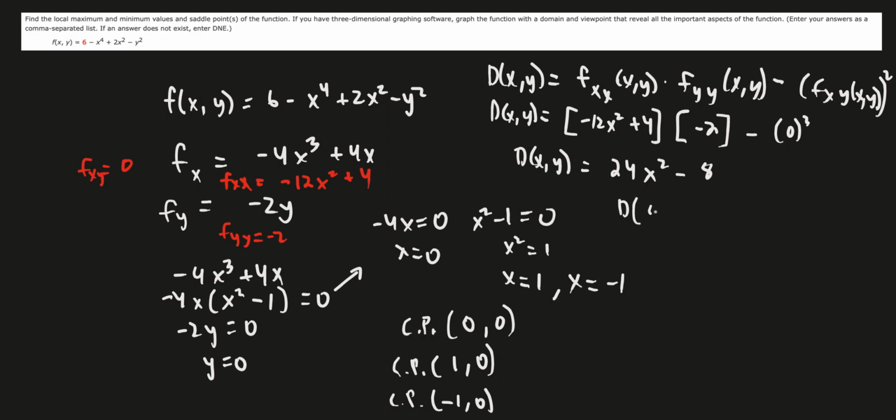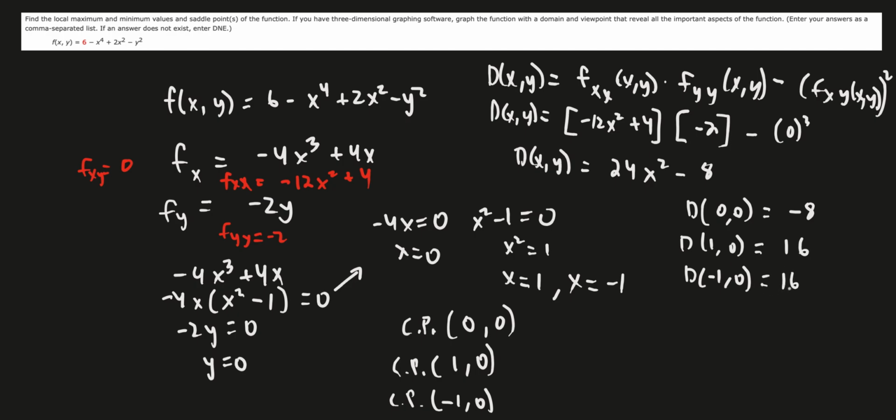So we have 0, 0, 1, 0, and negative 1, 0. So 0, 0 is just negative 8. 1, 0 is just 24 minus 8, which is 16.